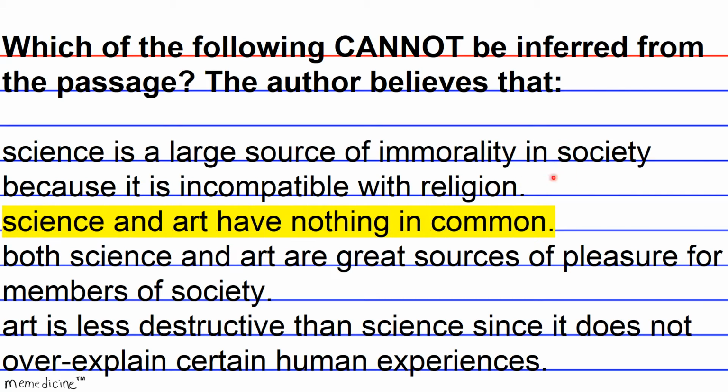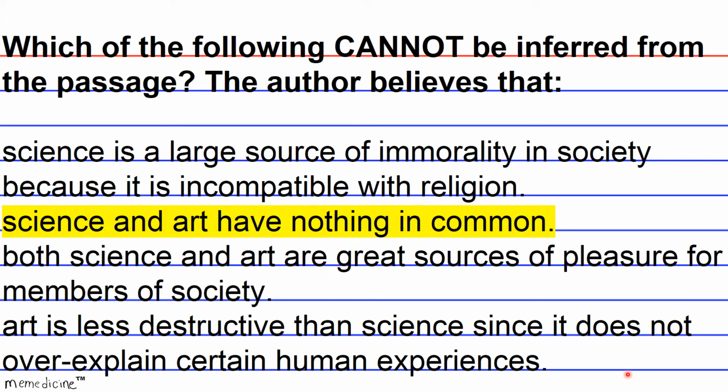So this can be inferred. The author argues that the over-explication, explication meaning the process of making something clearer through explaining it, makes life less bearable so that people forget duty and morality, and argues that people become less moral because science basically rejects religion.